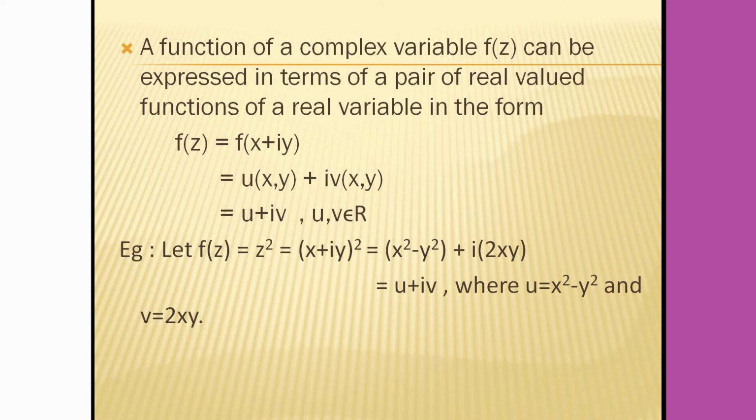Here the real part u is x squared minus y squared and the imaginary part v is 2xy.